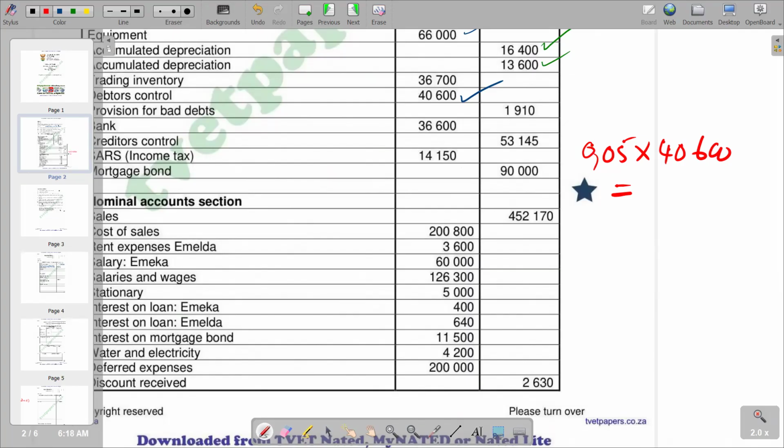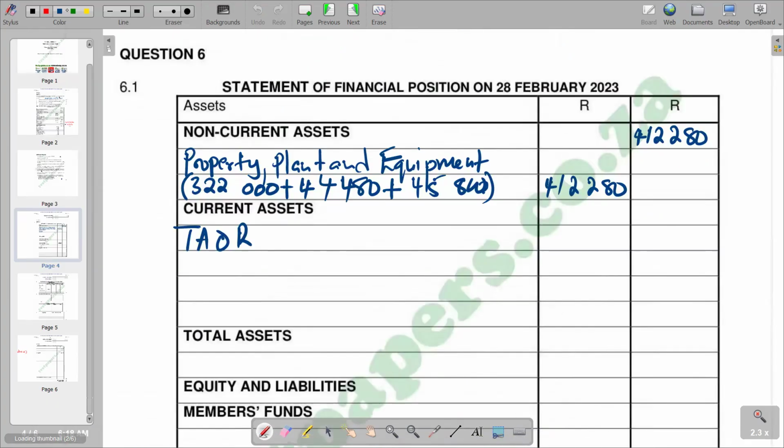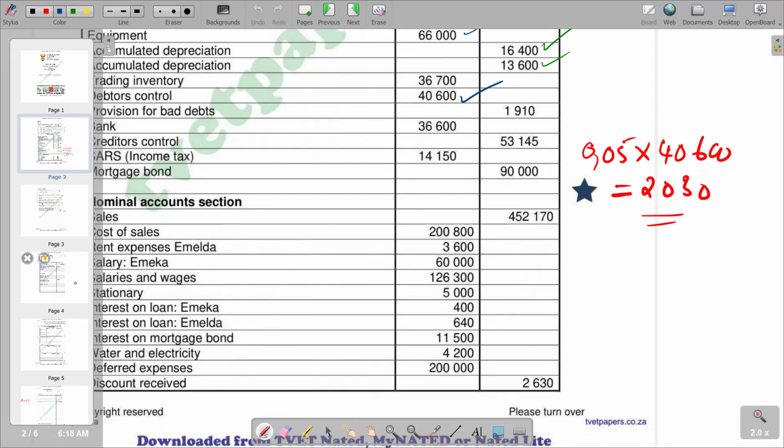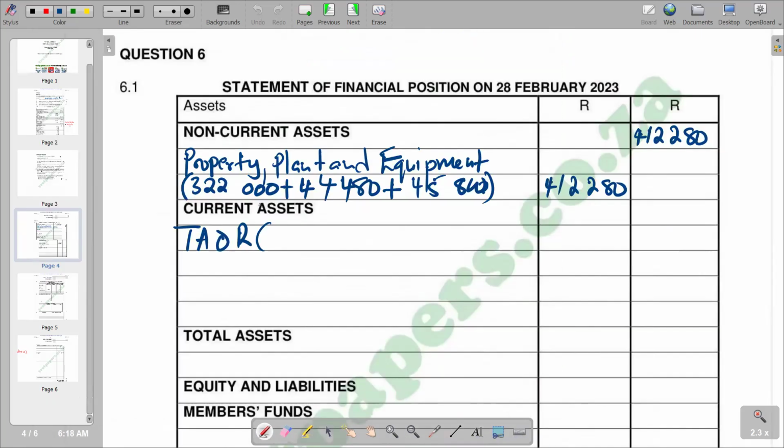So we're going to get 2030. This is the figure for the level of provision for bad debt for the current period. So the whole amount is supposed to be subtracted here to reduce the amount of debt. So in brackets, we are saying the debtors' control figure, remember, it's 40,600, then you subtract 2030.